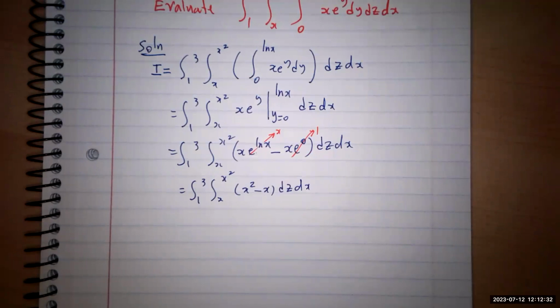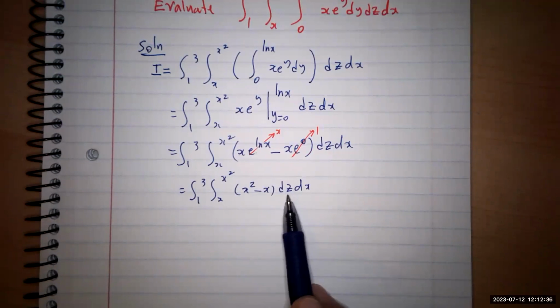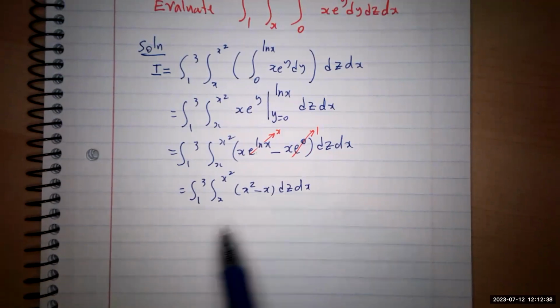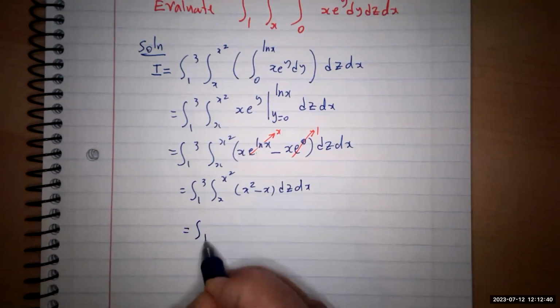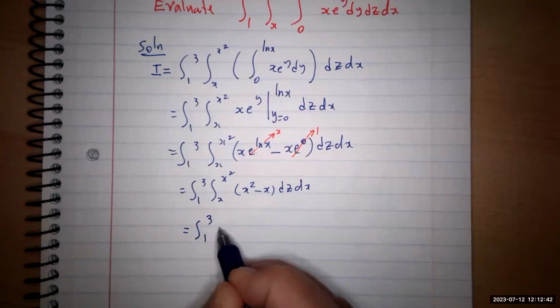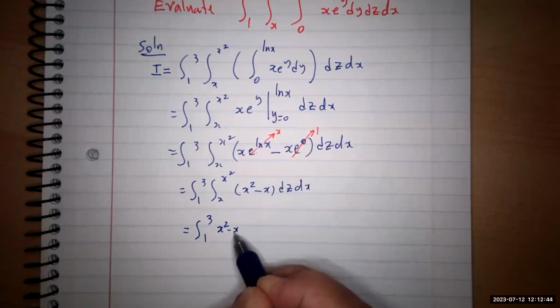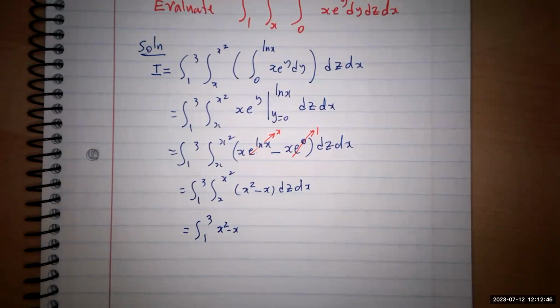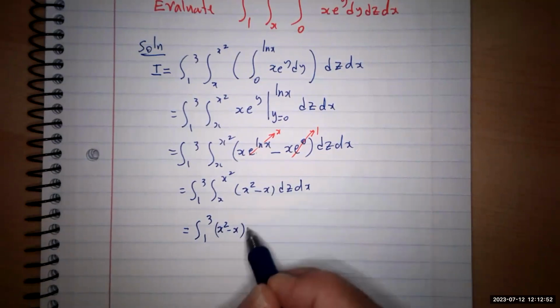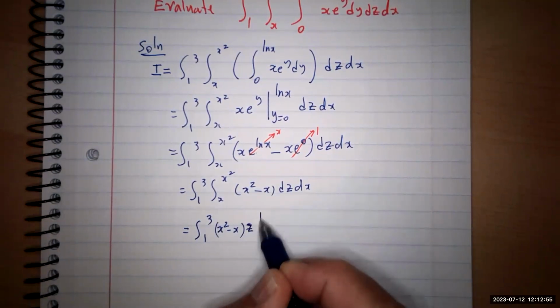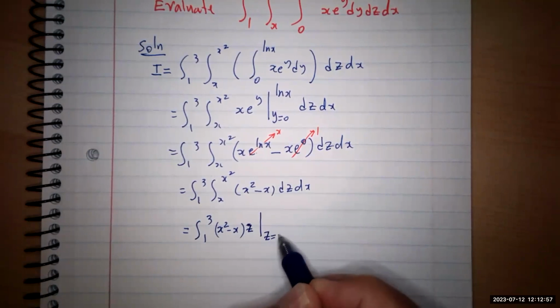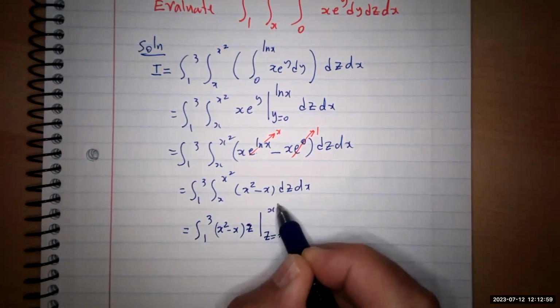Now the next step, we integrate with respect to z. The integral would be just z. This would be constant, so it's 1 to 3, x squared minus x. The integral is just z, but z going from x to x squared.